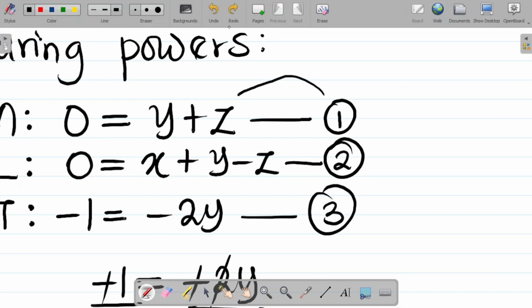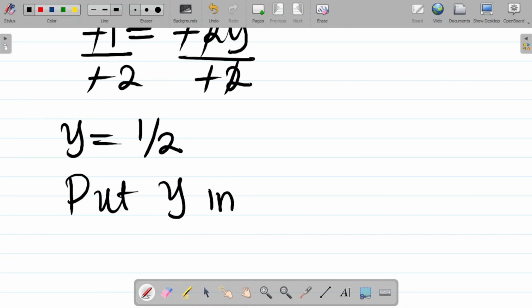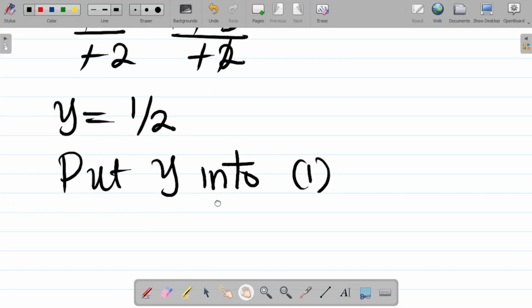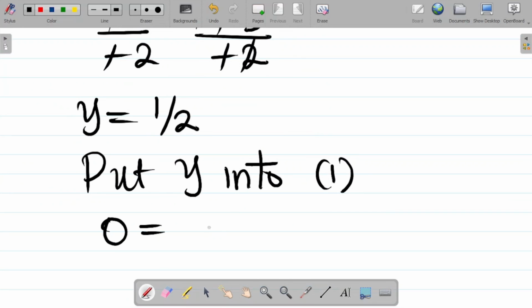Okay, since we have only y and z, put y into equation 1, you have that 0 is equal to y plus z. And to get the value of z, all we have to do here is move y over here.